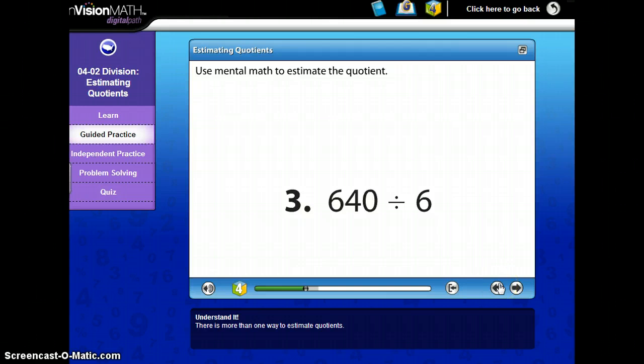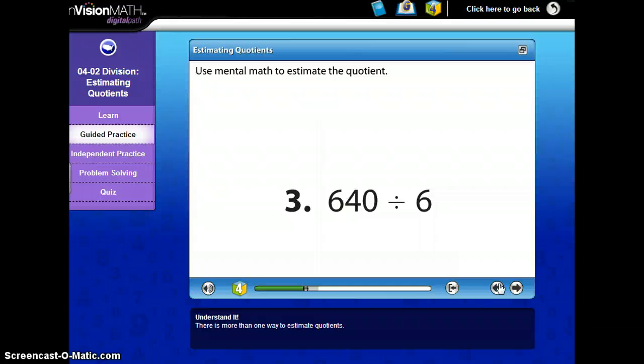Let's go back here. If I count by sixes, I'm never going to hit 64. Well, 6 times 9 is 54. That's not close enough. What's 6 times 10? What's 6 times 11?